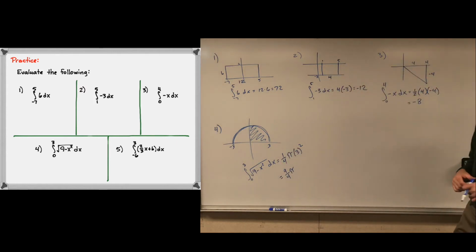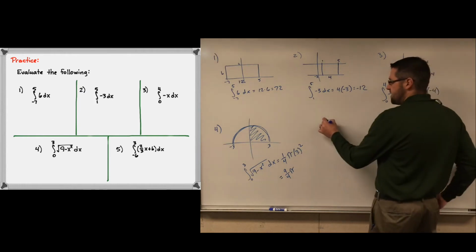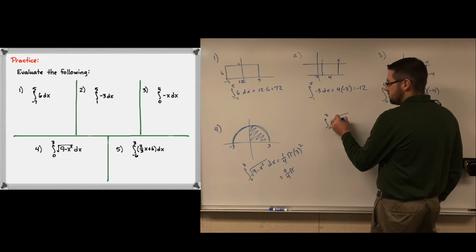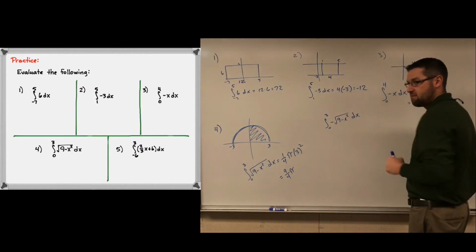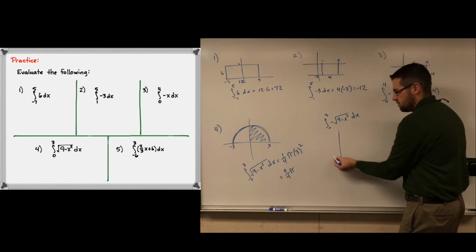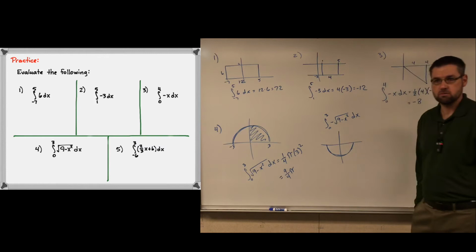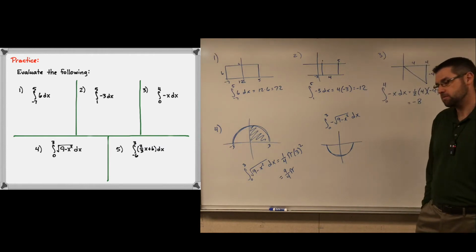Yeah. Okay. Just a side note, if I were to say find the integral from 0 to 3 of negative radical 9 minus x squared dx, what is that function? That's the bottom half of the circle. Does a number in front of the radical determine where the circle is oriented around?